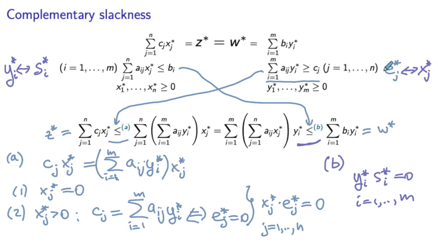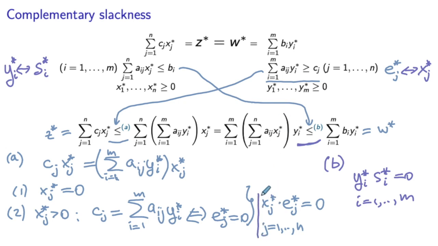And we can see now clearly that this complementary slackness condition essentially means that one of these two must be equal to 0 at the optimum. So for this case, it's either yi star or si star, and for this case, it's either ej star or xj star. So the product must be equal to 0, all right, in both cases.